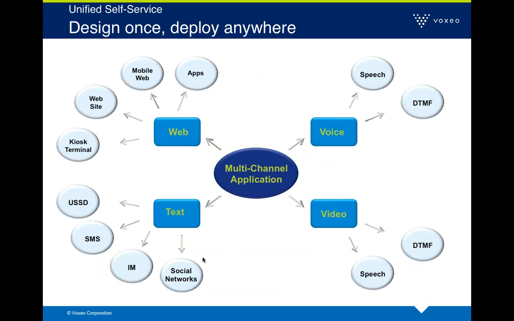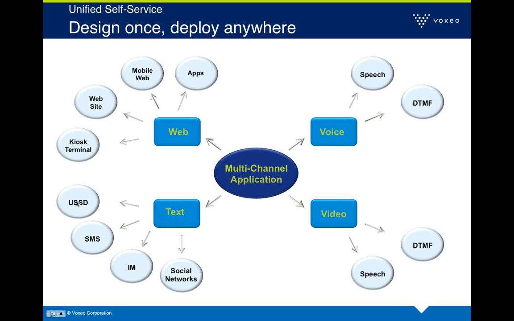Also, one thing you should be aware by now is our multi-channel capabilities. So the idea of unified self-service, meaning you design an application once and then deploy it anywhere and on any channel that you need. And we differentiate 4 major channel groups. Voice would be the traditional IVR. Video would be IVR enhanced with video capabilities to stream video to a mobile phone and interact with speech and DTMF.